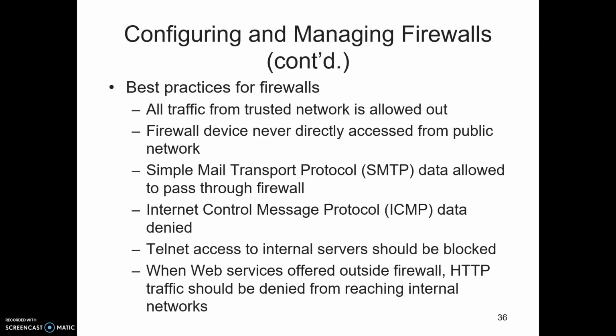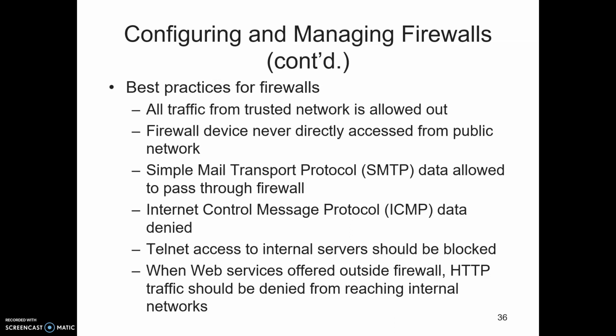Simple Mail Transport Protocol data is allowed to pass through the firewall, but should be routed to a well-configured SMTP gateway to filter and route messaging traffic securely. Any untrusted email message will be sent to junk mail.